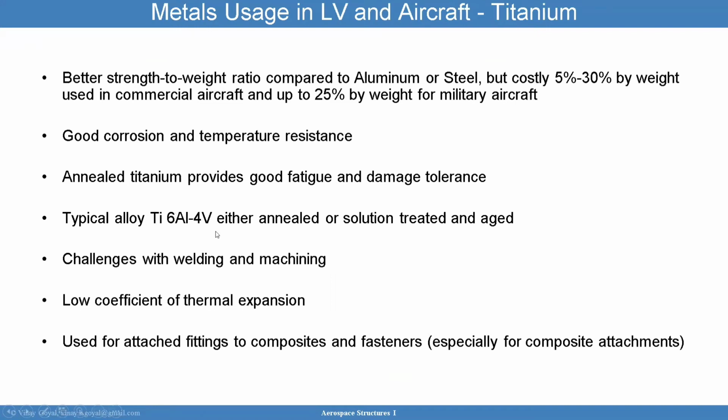Typical titanium alloy can be either annealed or solution treated and aged. And there are challenges with welding and machining. And there is a low coefficient of thermal expansion for titanium, which can be a good thing if you were to have thermal cycling. And it is used for attached fittings to composite and fasteners.